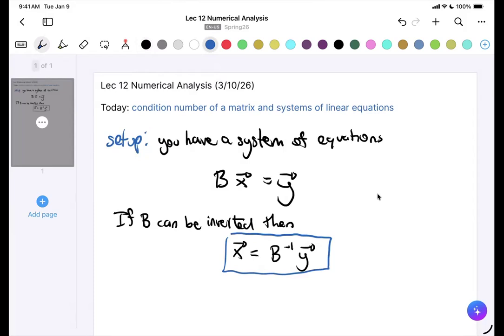But in practice, as in anything in numerical analysis, you want to understand what happens if the values of either the matrix or one of the vectors were not known precisely, and there are some errors in the measurements.